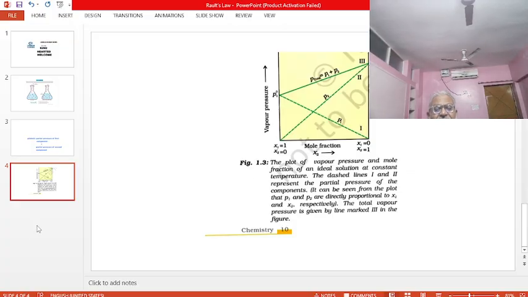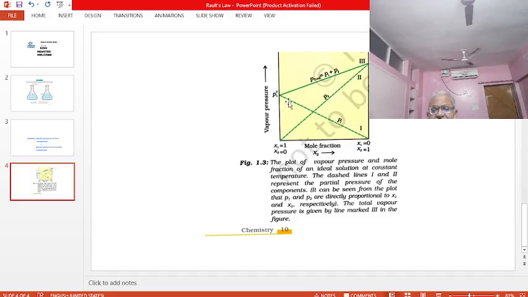That has not been shown in this discussion. I will later prepare a slide and put this condition, but for the sake of your knowledge, you must know that ideal solutions are those where, number 1, delta H, that is the enthalpy change, is 0, no heat is absorbed or given out.